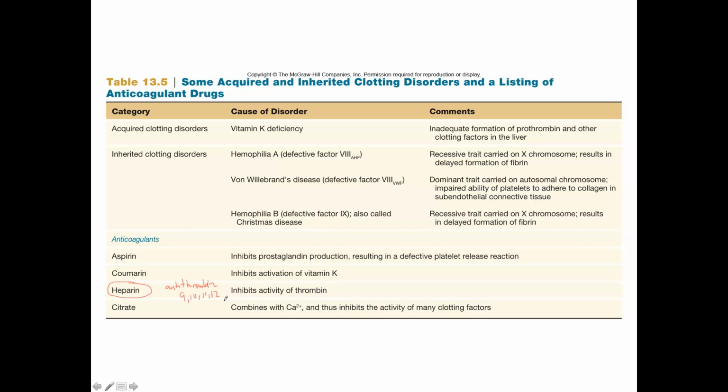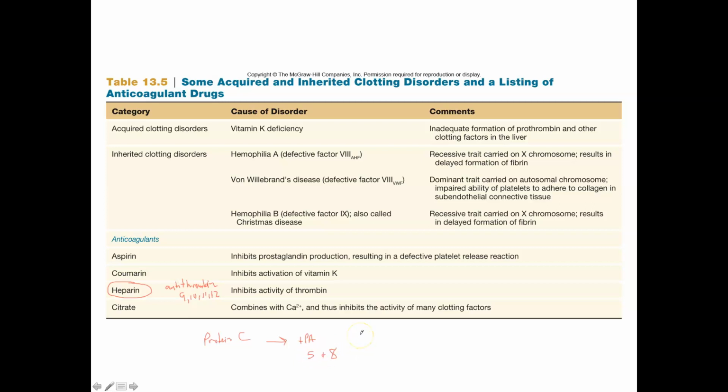Another endothelial chemical is known as protein C. Protein C has several functions. Protein C can activate tissue plasminogen activator, so it can activate TPA. It also can inhibit clotting factors 5 and 8.